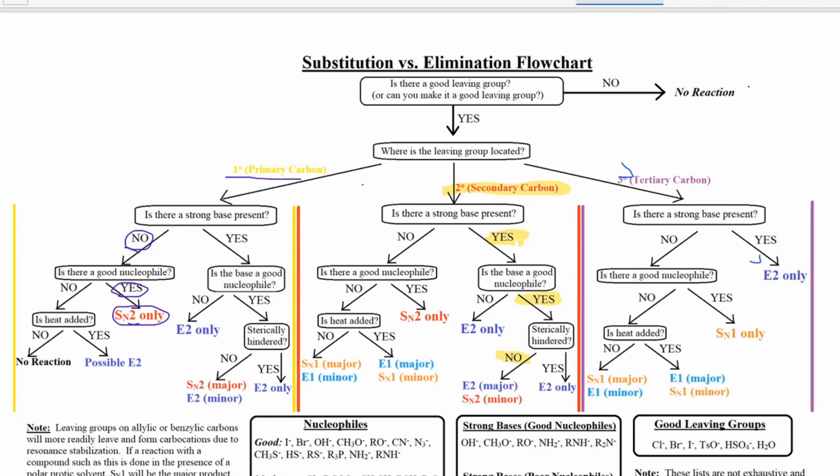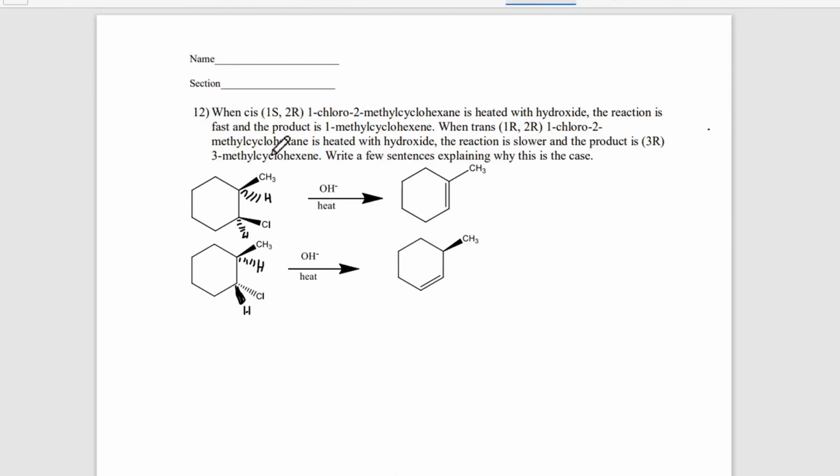But since it's E2, what do you know about E2 elimination? The hydrogen that's eliminated has to be which one? Beta hydrogen on the substituted carbon.